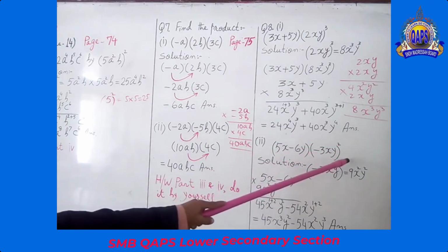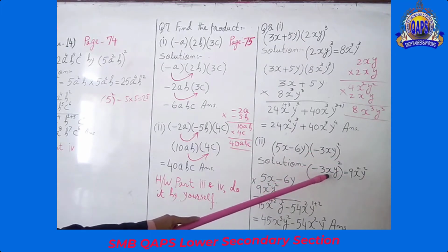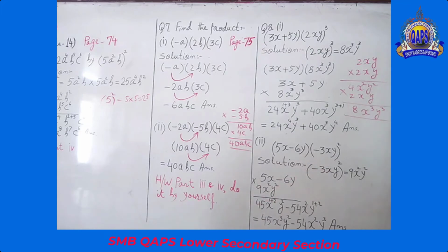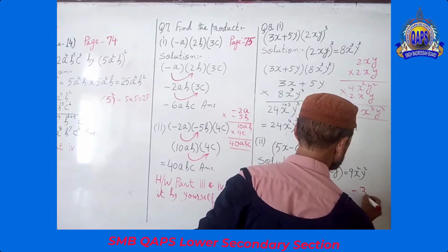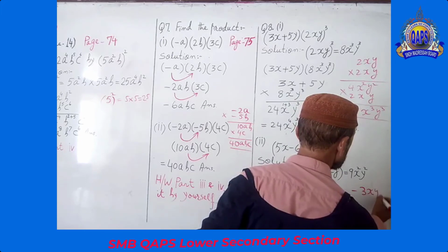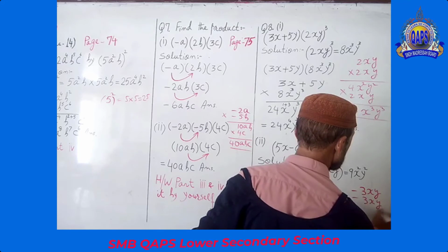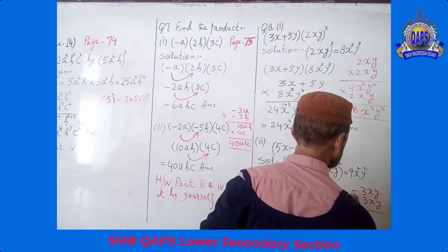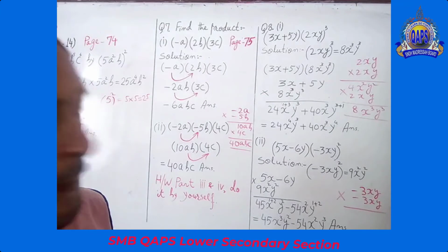Minus 3xy whole square is equal to, multiply this thing by itself. Multiplication of minus into minus will be plus.